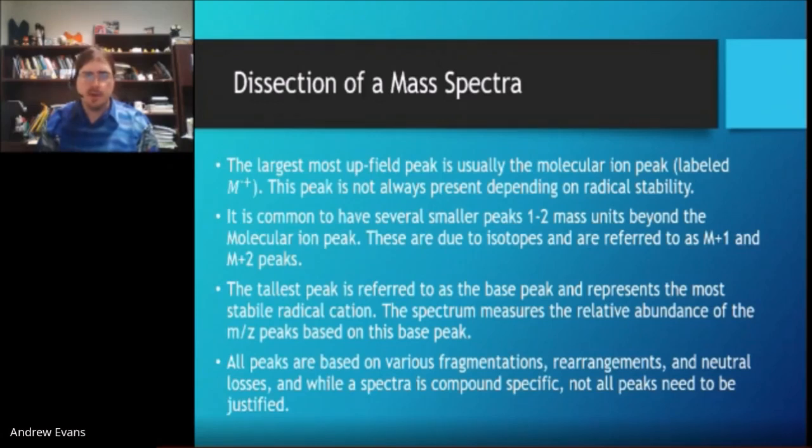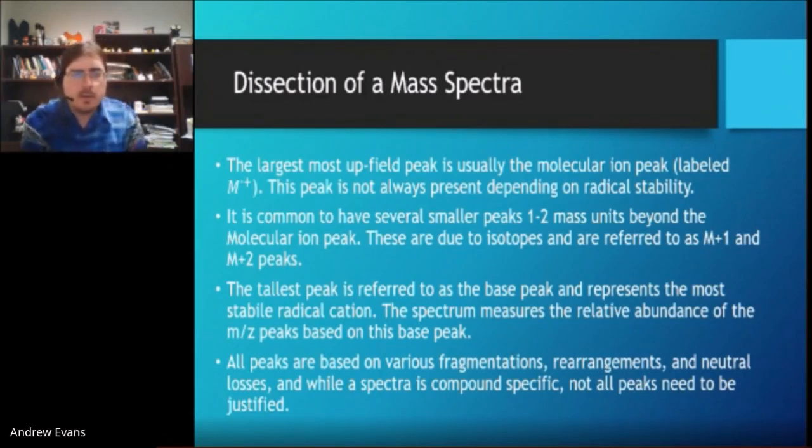It's usually labeled M dot plus, meaning it has lost one electron, making it a radical. The tallest peak is the base peak, which is the most stable radical cation, which has come from fragmentation. It's the one that is most stable.